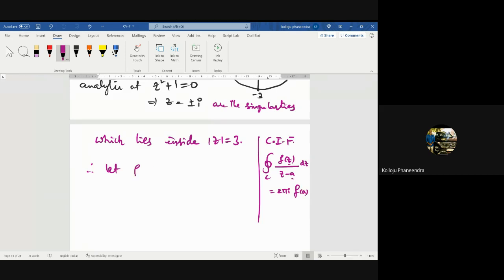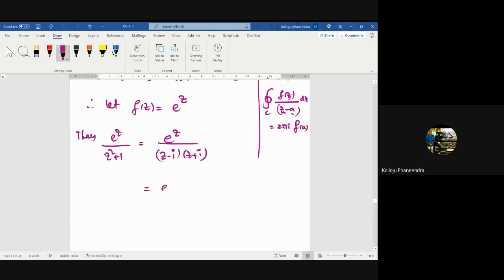So let f of z be the numerator function, e power z. To apply the formula, the denominator term must be z minus a. But here the denominator is z square plus 1, so let me get partial fractions.